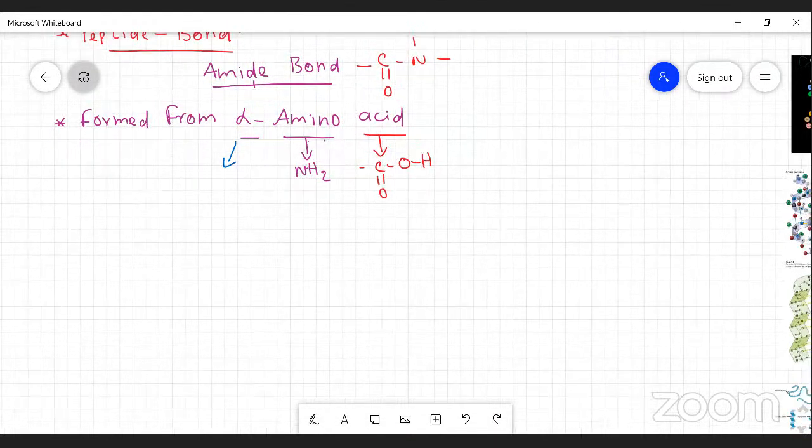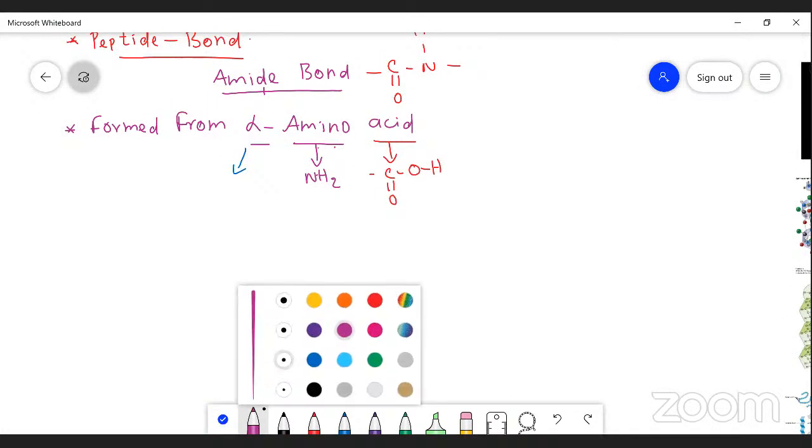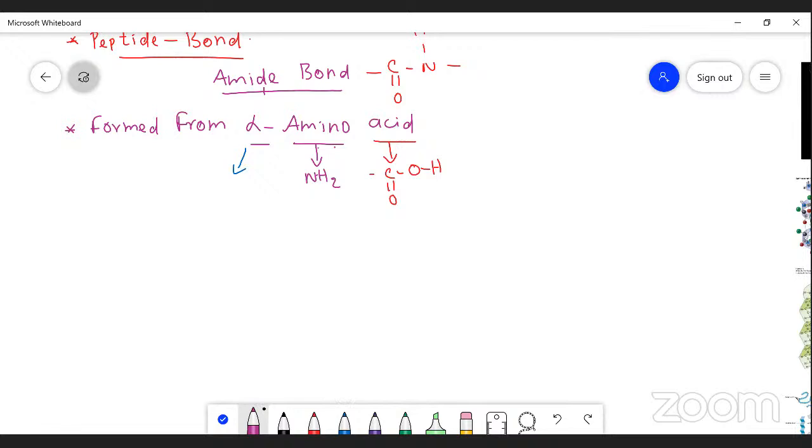Here C double bond O, OH is the acid group.